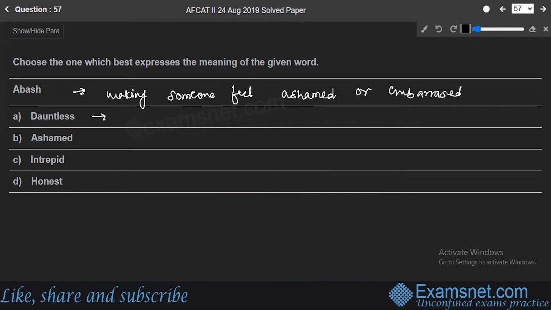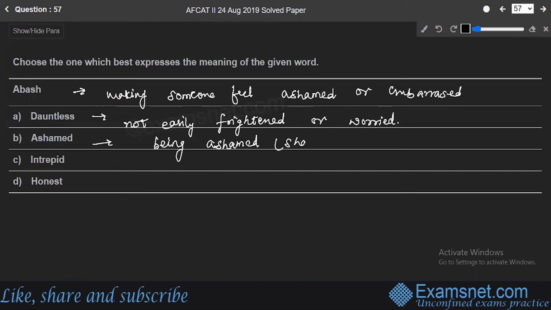Dauntless means not easily frightened or worried by something. Ashamed, of course, means when you're ashamed of something, shameful of something.